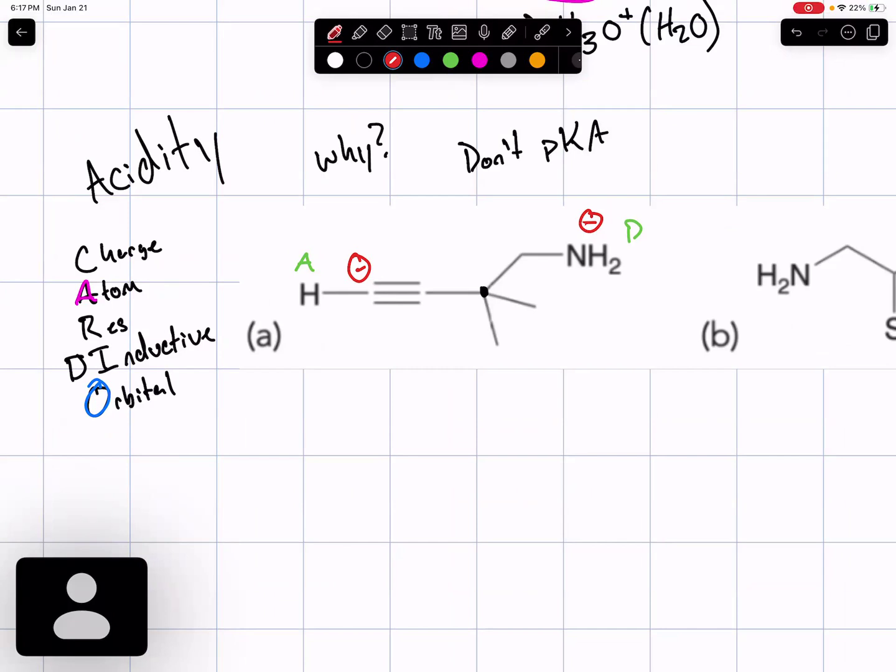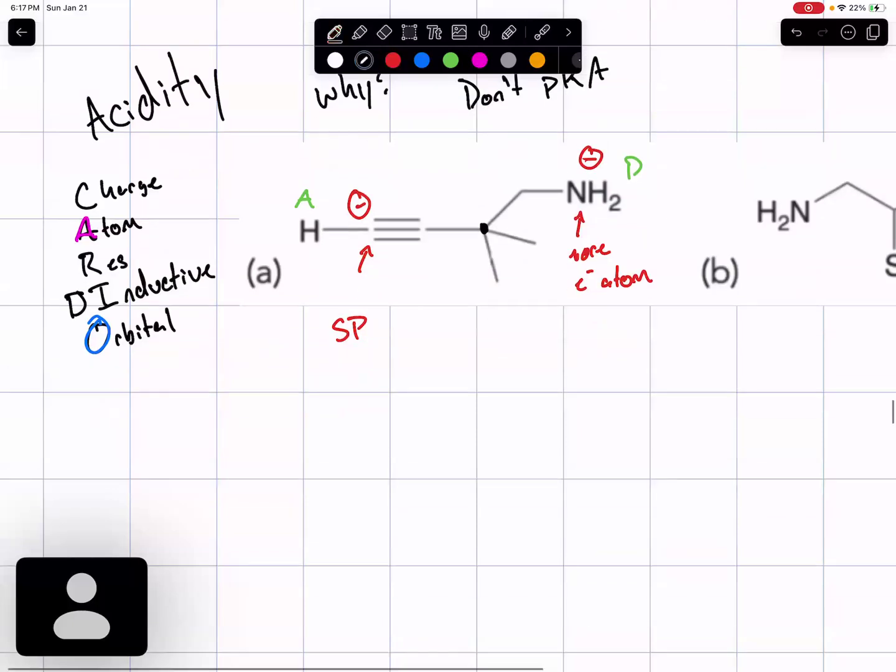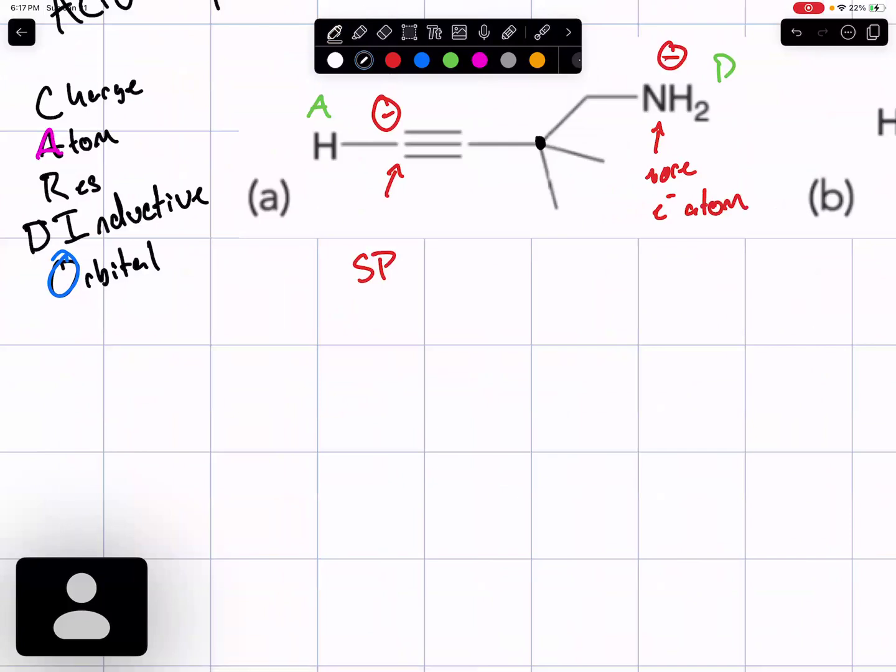Oh, let me give you a hint. Okay, so yes, this is on the more electronegative atom. More electronegative atom. Cool. But looky here, this would be sp hybridized. That carbon is sp hybridized. We talked about in chapter 3, if something is sp hybridized, that negative charge, wouldn't it be closer to the nucleus? Right?